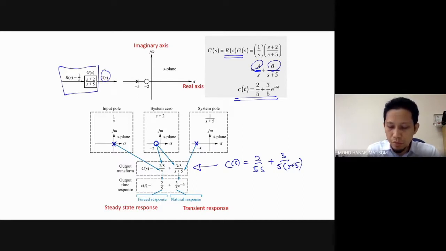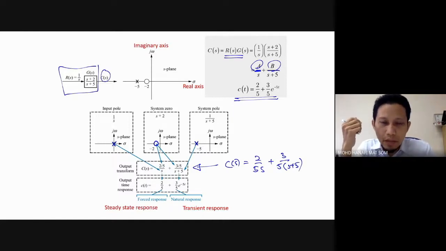And in the time domain, you will have the form 2/5 plus 3/5 exponential negative 5t. This output time response, we can classify into two types of response: the first is the forced response, and the second is the natural response.